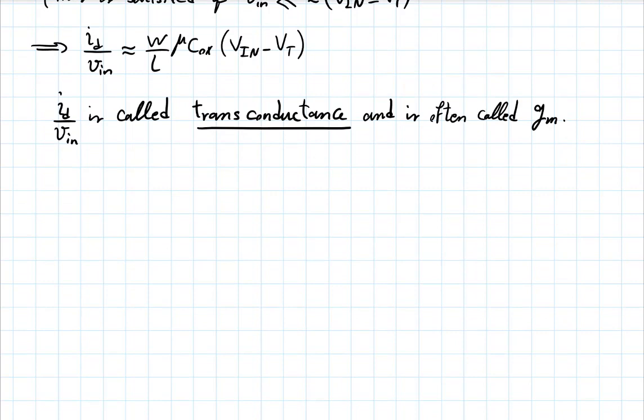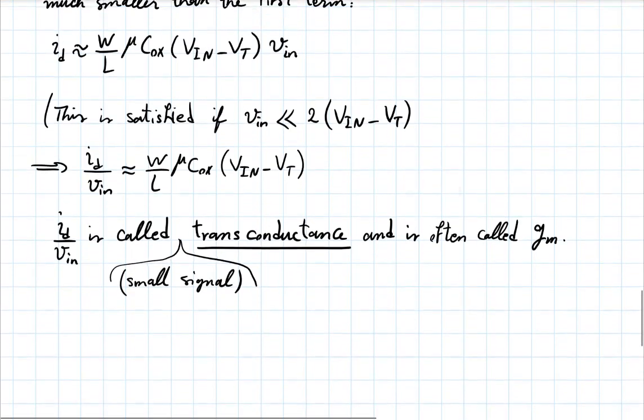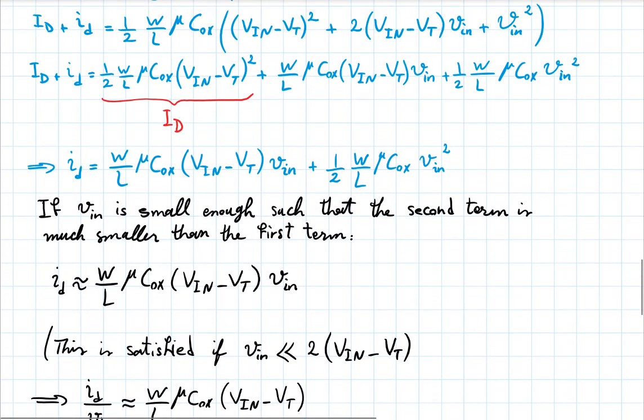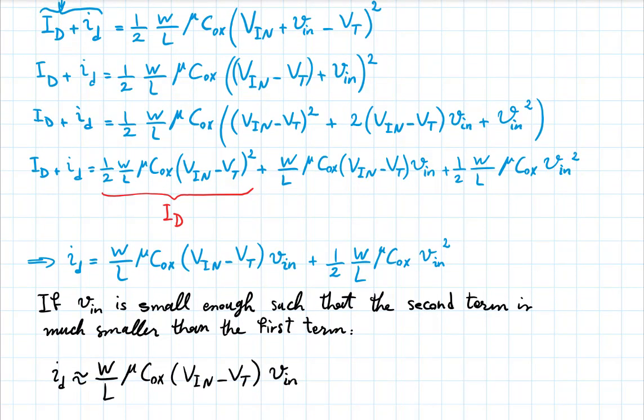But you might not say that explicitly. Now you see it was the nonlinear nature of this device that ended up giving us this V in squared term.